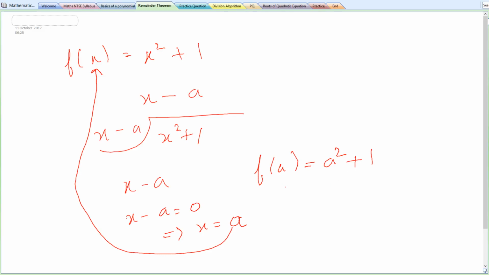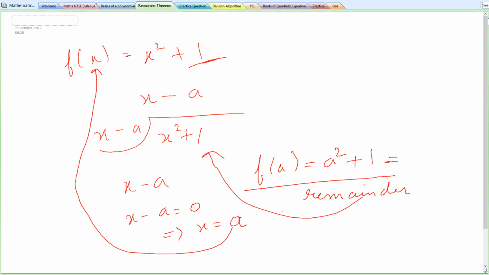So what this tells me is, if I put the value of a, f(a) will be equal to a square plus 1. What the remainder theorem tells you is that if I put x equal to a in this polynomial, f(a) will be the remainder.